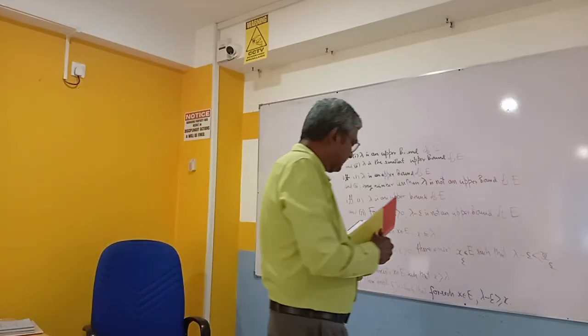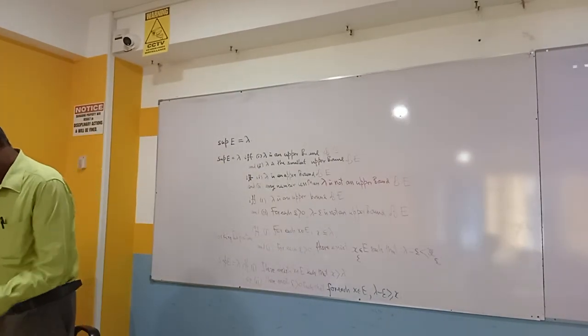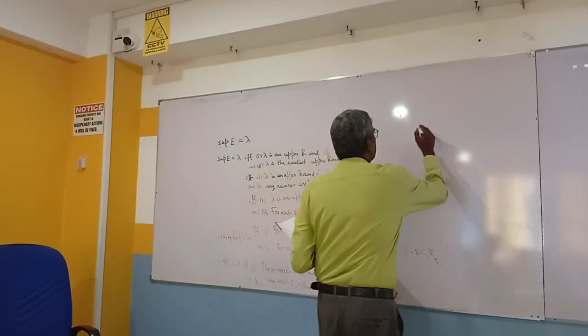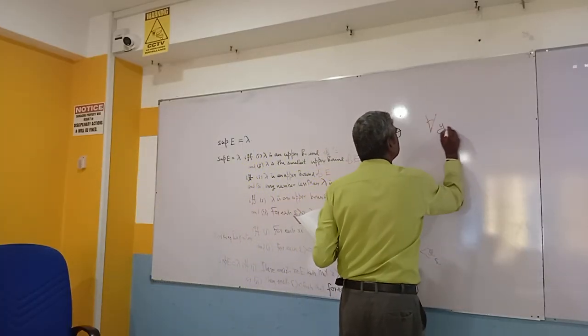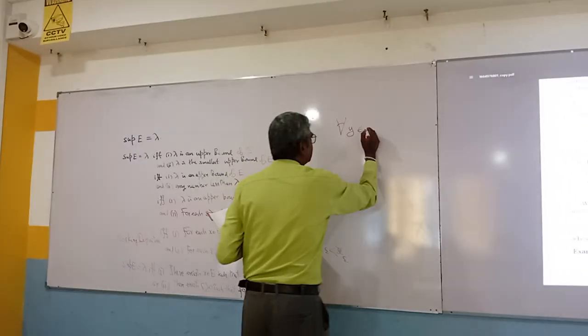For every extended real number y, for every y belongs to R star, let me write this way to save time. You should not use this notation, I just write it to save time.